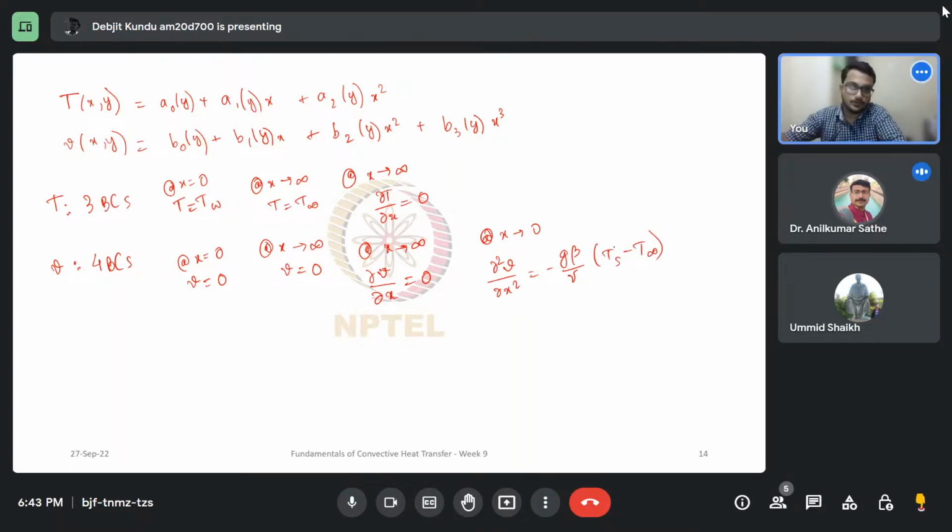So where did we get this from? We got this from the Navier-Stokes equation, where we put the value of all other terms, and then only this term remains, and the value of it becomes this.